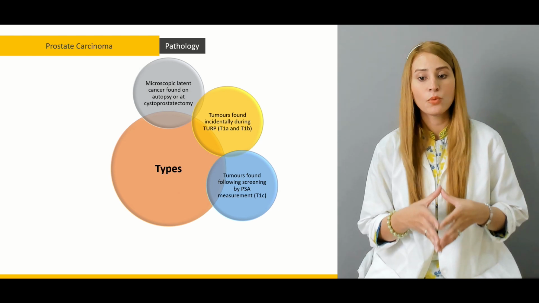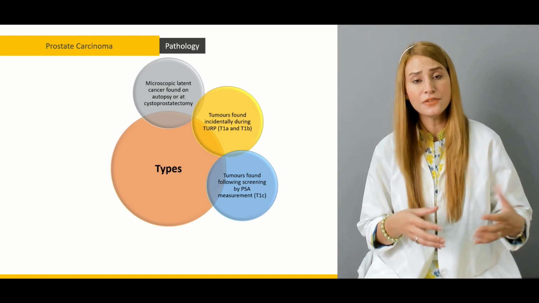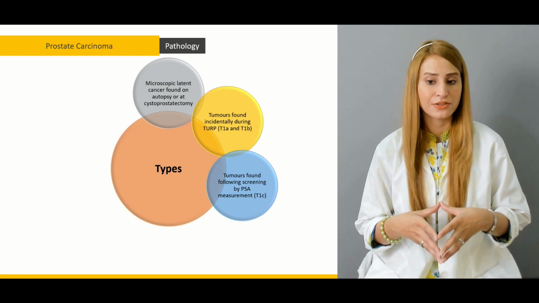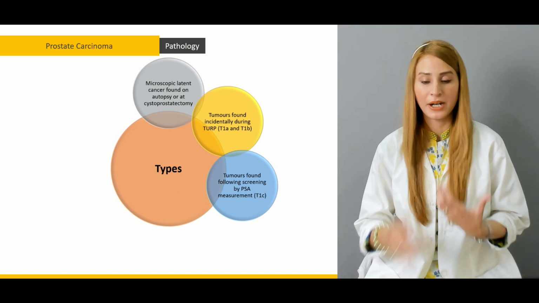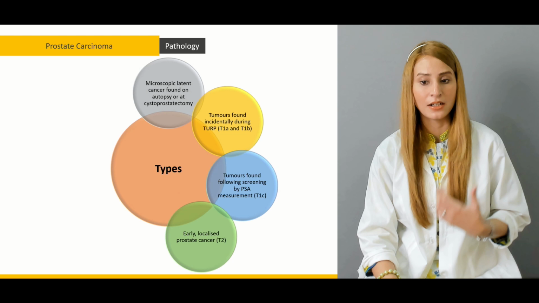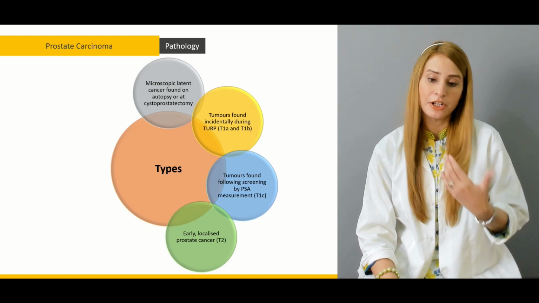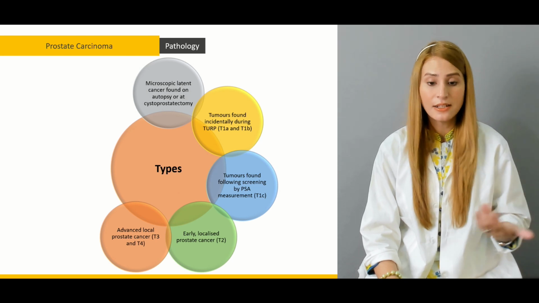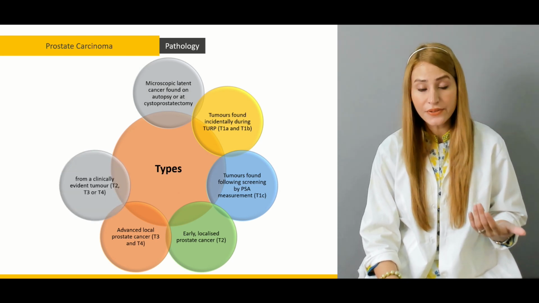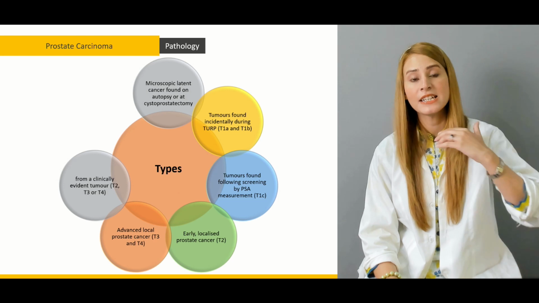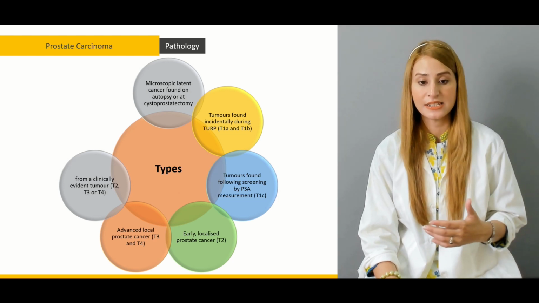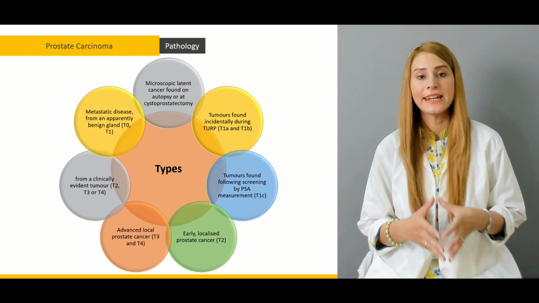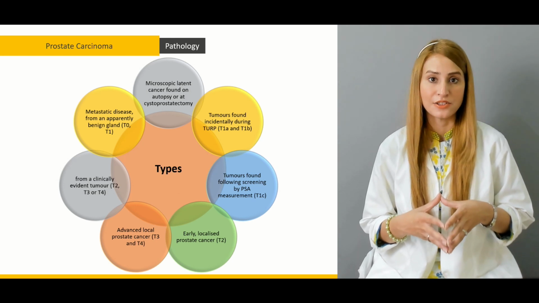prostate is. And then you follow the cancer screening by prostate specific antigen, and there can be early localized prostatic cancers, which are T2. There can be advanced local prostatic cancers, which can be T3 and T4, and some clinically evident tumors like T2, T3, and T4, and obviously the metastatic tumor.